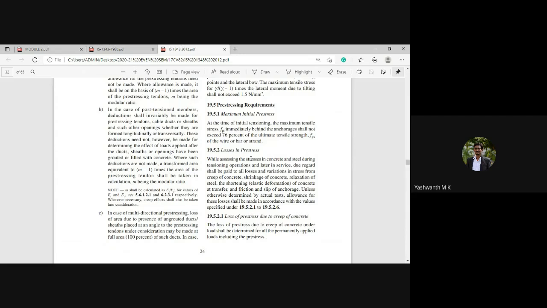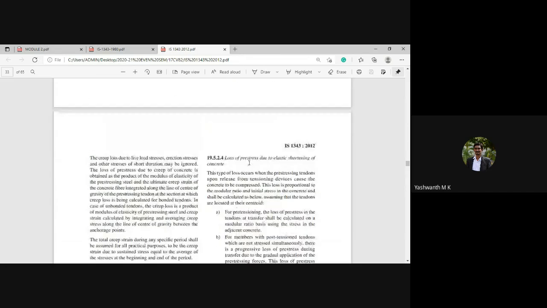Let us know as per IS 1343 2012 what exactly this code specifies. First, as usual, number 1, that is loss of pre-stress due to elastic shortening or deformation of concrete.